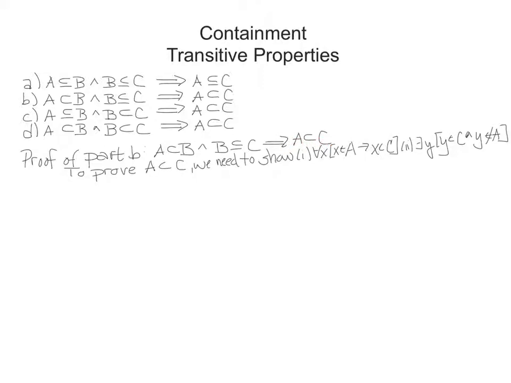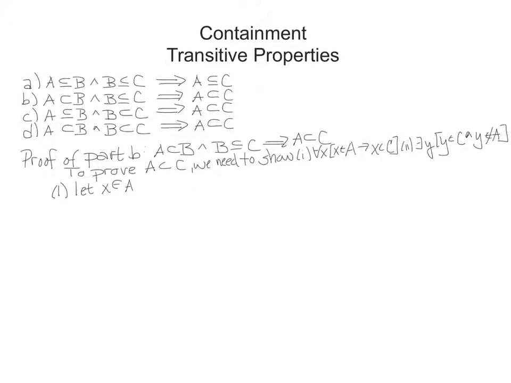So I remind myself, if I want to prove that A is a proper subset of C, we need to show two things. We need to show the first part of the definition is satisfied, that is, for all x in A implies x in C, and two, we need to show that there exists a y that is in C that is not in A.